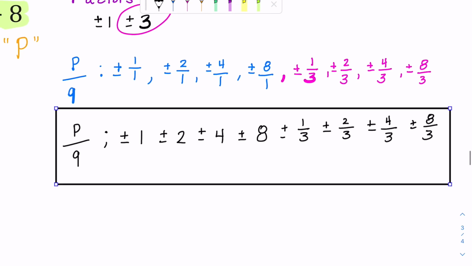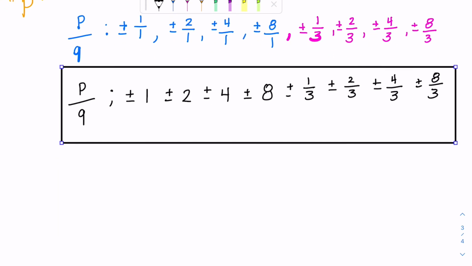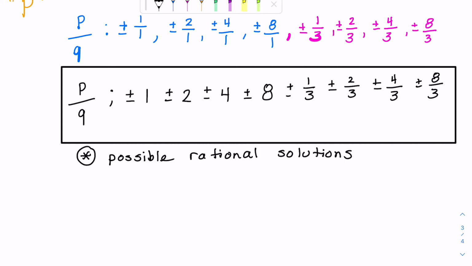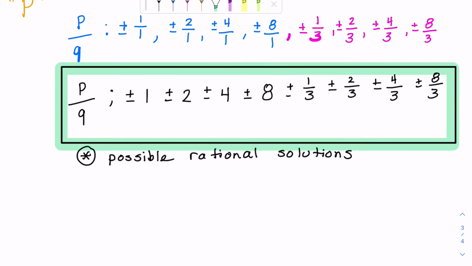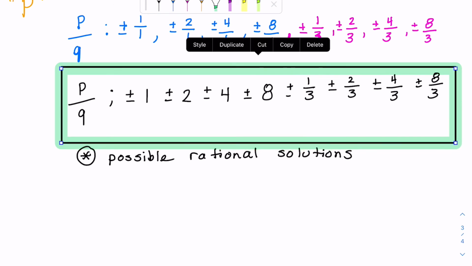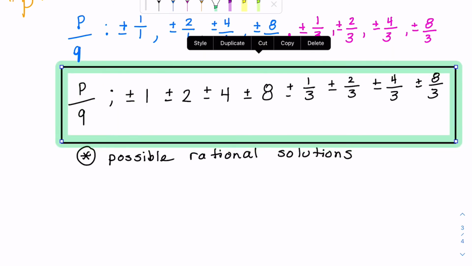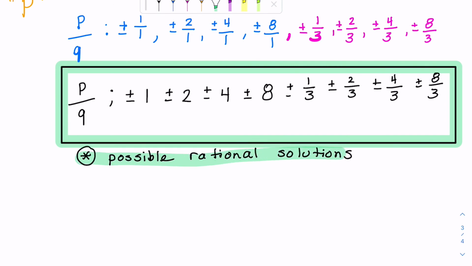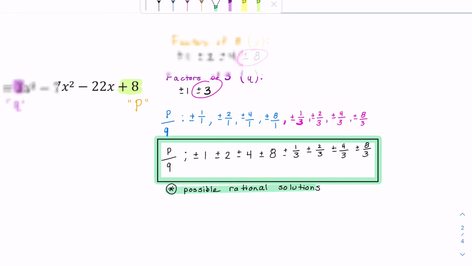This would be your answer for a question that asks for possible rational solutions. And you will get questions like this. You'll get a question that just says, what are the possible rational solutions? All you have to do is get to this point. You don't need to solve anything. So pay close attention to the directions you see.